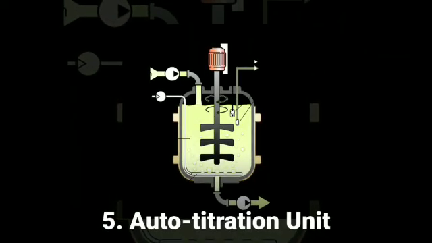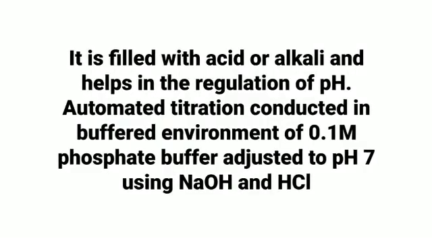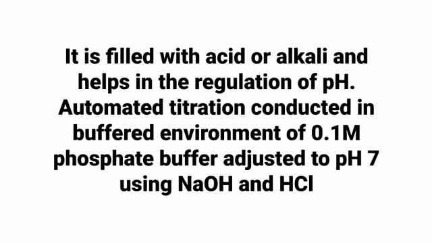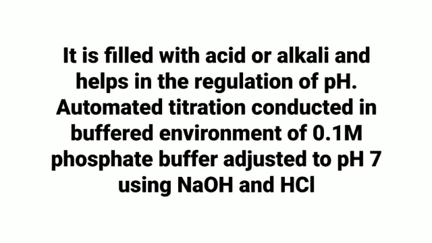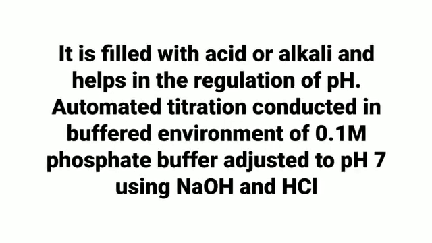Fifth one, auto-titration unit. It is filled with acid or alkali and helps in the regulation of pH. Automated titration is conducted in a buffered environment of 0.1 molar phosphate buffer adjusted to pH 7 using NaOH and HCl.